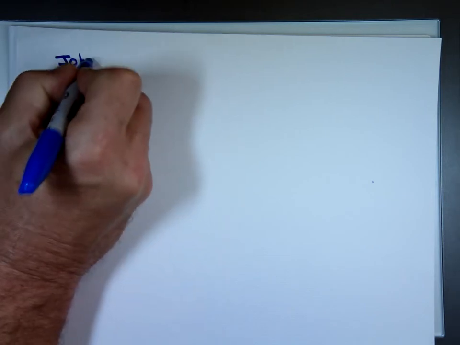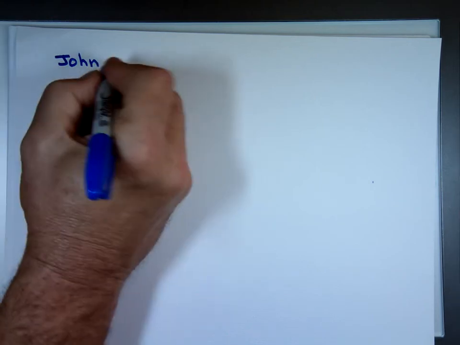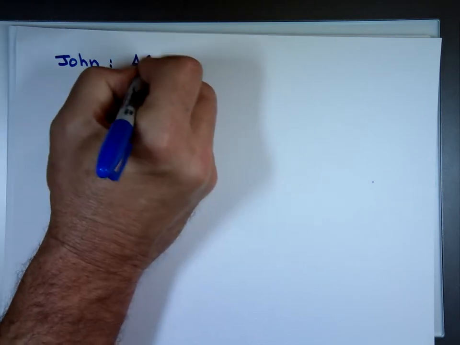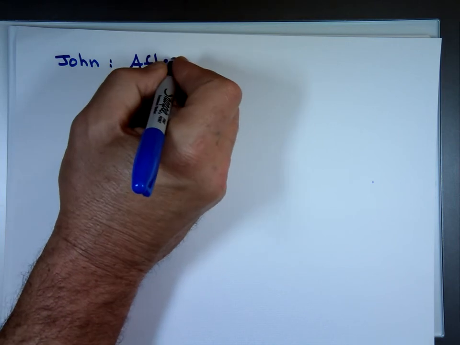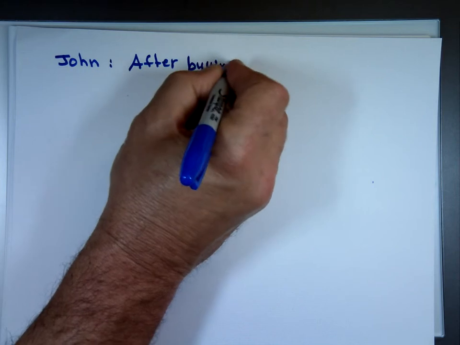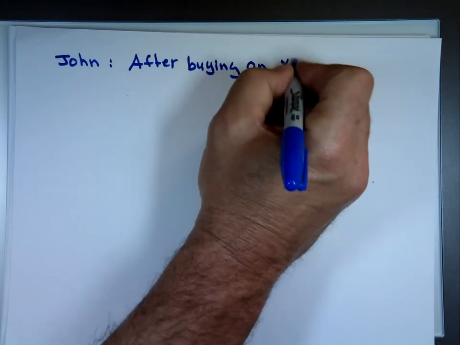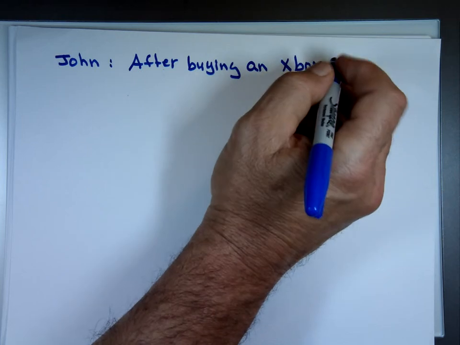John. Let's pick a name here. John. Let's talk about John. John wants to buy something. Let's get him buy something. What is he going to buy? An Xbox. How is that? Is it still 360?